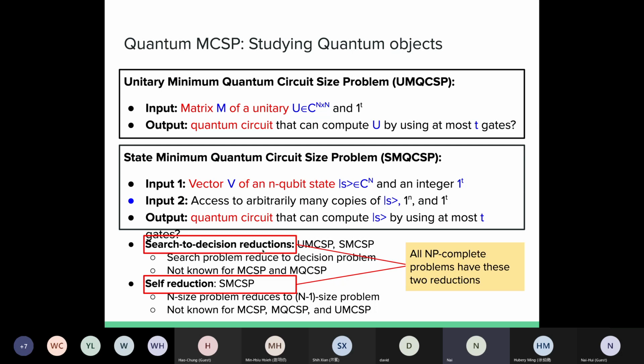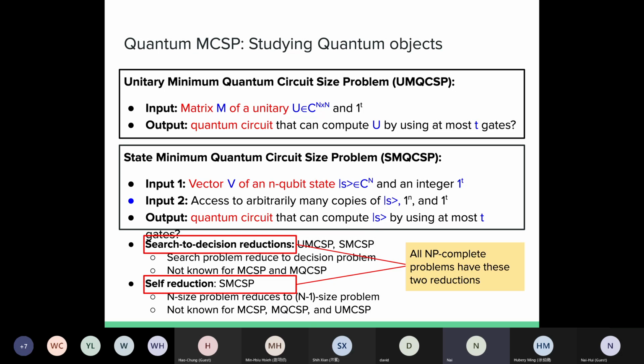So that problem is less likely to be NP hard. That's another evidence. And also for the self-reduction, the same. SMCSP has the self-reduction, and an NP complete problem has this self-reduction. So SMCSP is more likely to be NP hard, but UMCSP and the Boolean function MCSP don't have this reduction. So probably they are less likely to be NP complete.